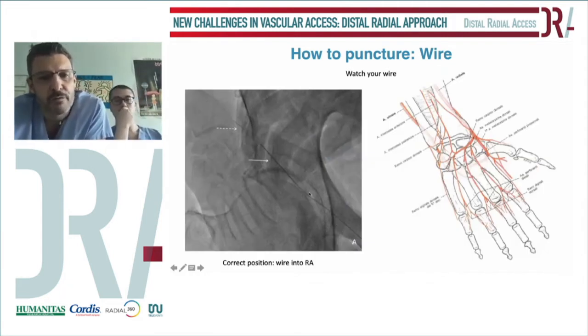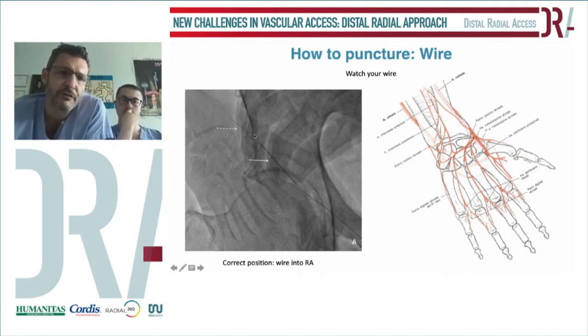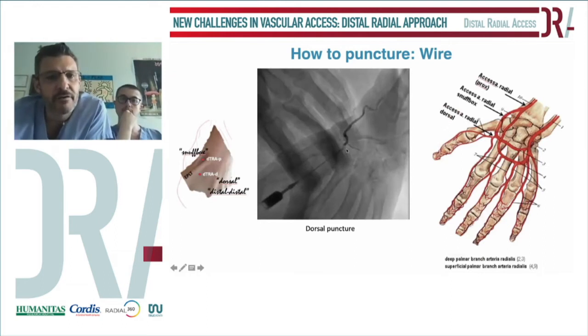If you did a correct puncture into the anatomical snuff box, you don't find any tortuosity of your wire when you advance it. But in case of distal access, as you can see here, you have some tortuosity in the anatomy, because the radial artery course is in the anatomical snuff box and then at the forearm.